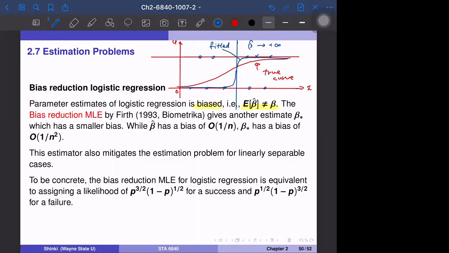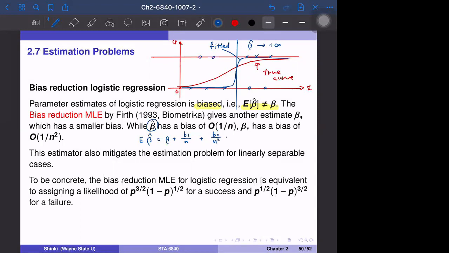This gives another estimate, which has a smaller bias. Basically, in asymptotic theory, we can approximate the expectation of beta hat as the true beta plus some bias: beta plus some quantity b1 over n plus b2 over n square, and so on.